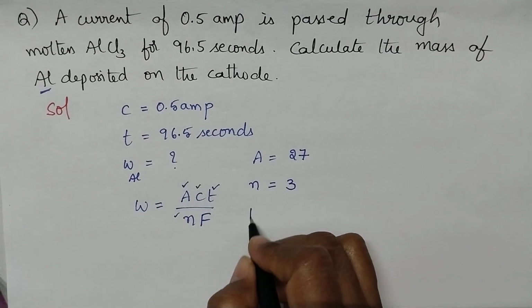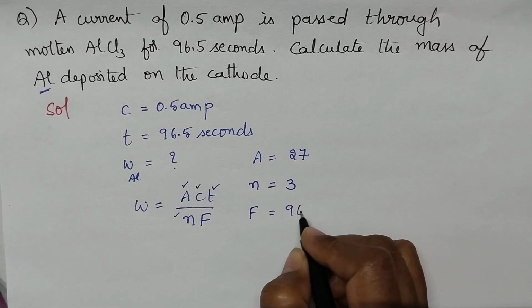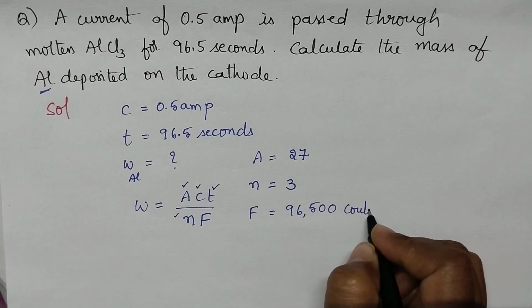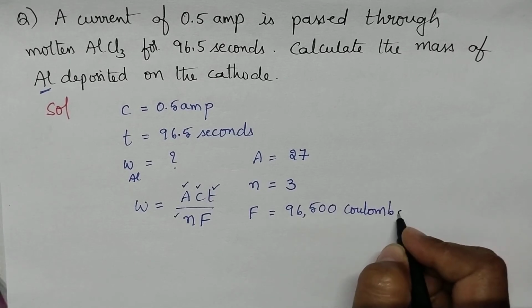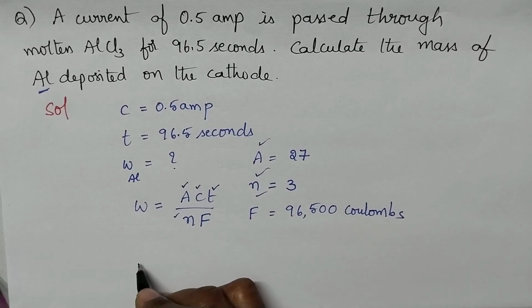And what is the value of F? F means Faraday. That is 96,500 coulombs. Let us substitute all these values in this expression.